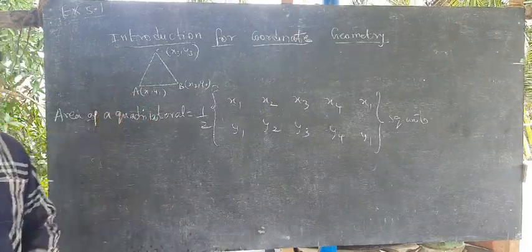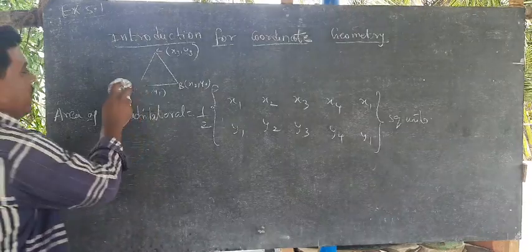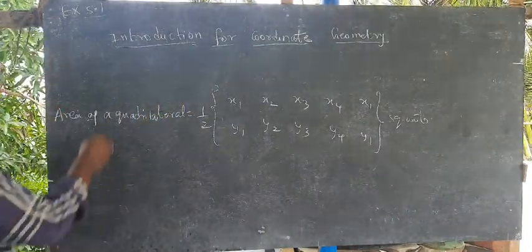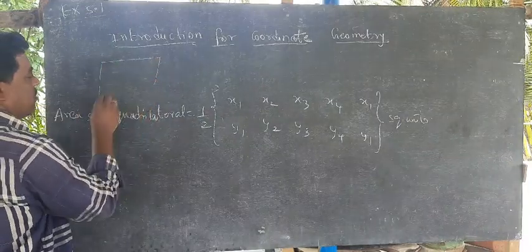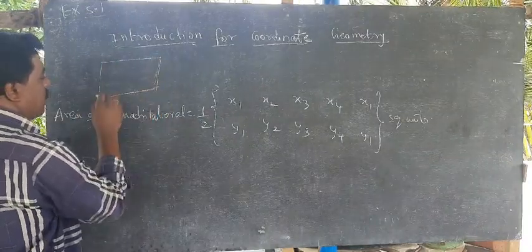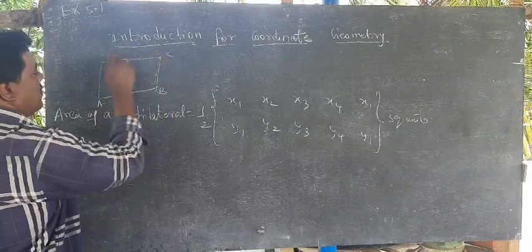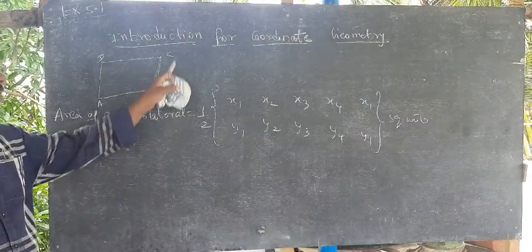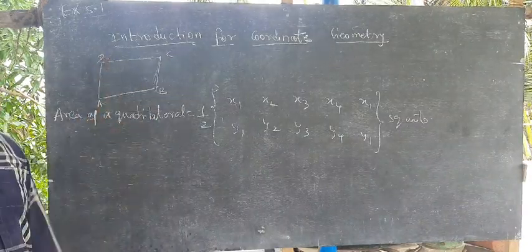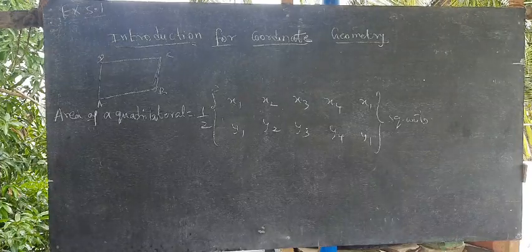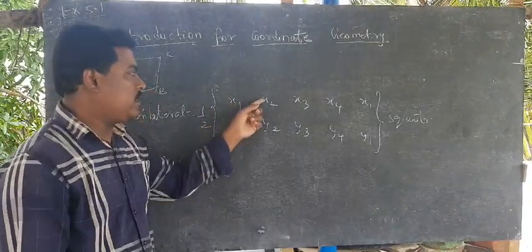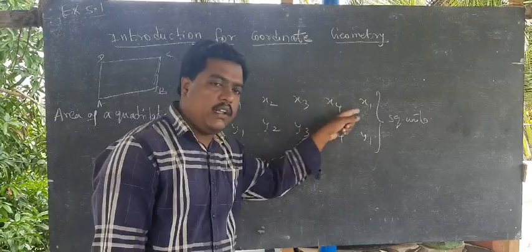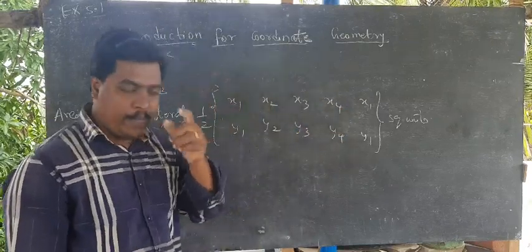But in a quadrilateral we have 4 points, because the quadrilateral is like this: A, B, C, D. So here x1, y1, x2, y2, x3, y3, x4, y4. So up to x4 we have. Again x1, y1.